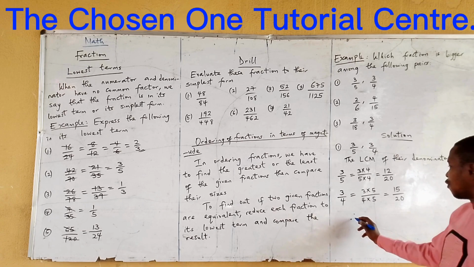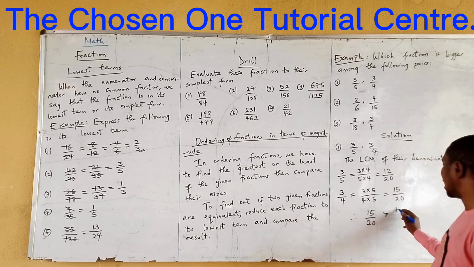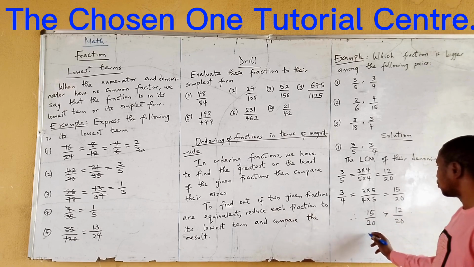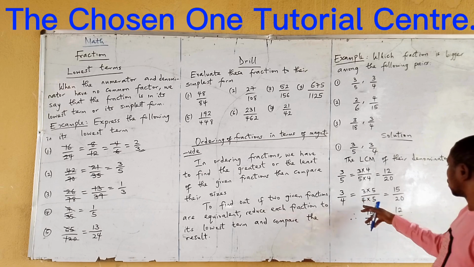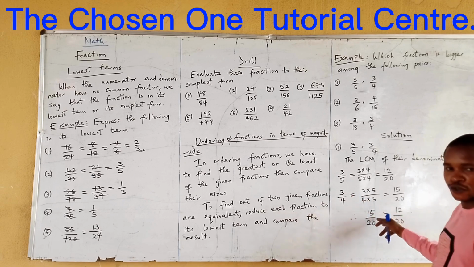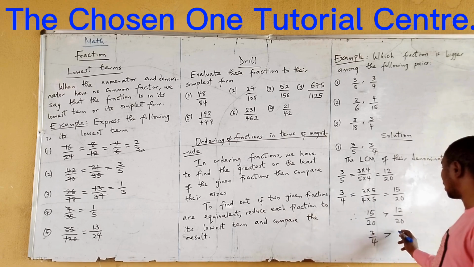So therefore, 15 over 20 is bigger than 12 over 20. That is, 3 over 4 here is equivalent to 15 over 20. So 3 over 4 is greater than 3 over 5.